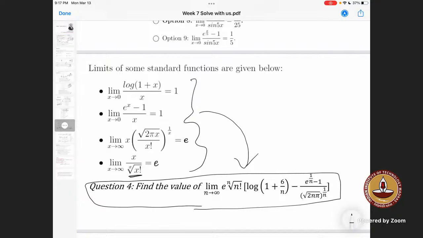Please, everybody mute. Those who have done speaking, please mute yourself. Indal, what is the answer you are getting? Sir, 7.